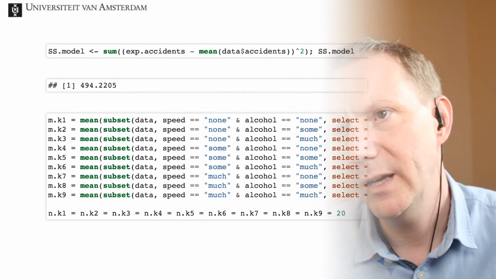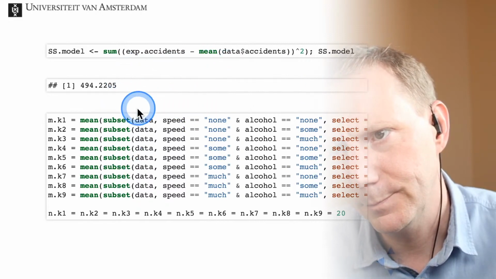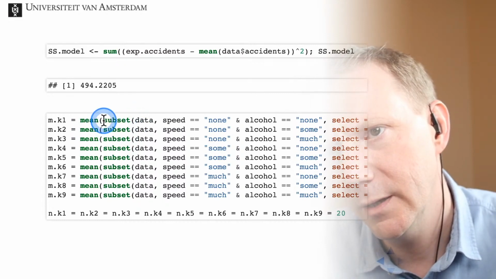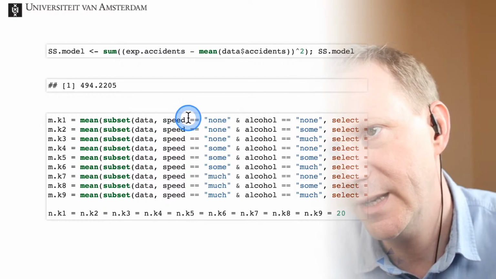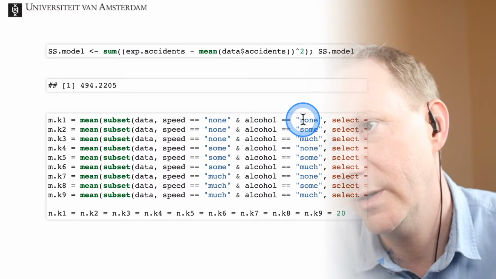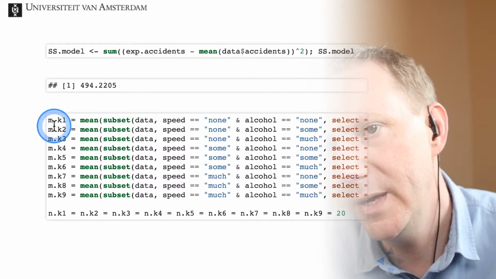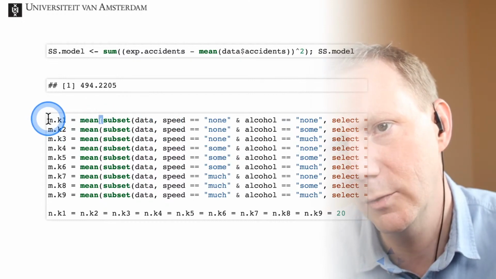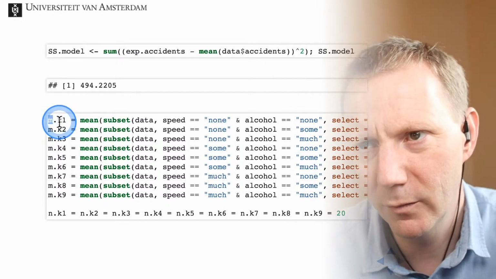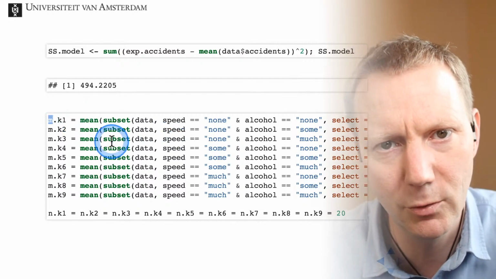And if we add up all the difference scores, we have the mean of everyone. I'm applying a subset, so everybody that is in the no speed condition, everybody that is in the no alcohol condition. What is the mean amount of accidents for that group? So I'm defining a new variable, m from mean for K1, and with K1 we are referring to the first group.